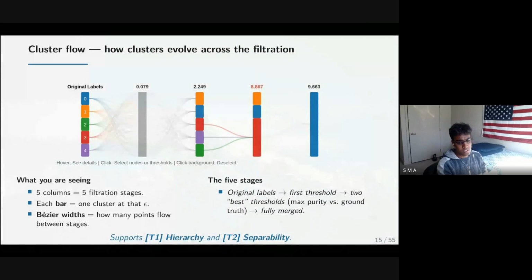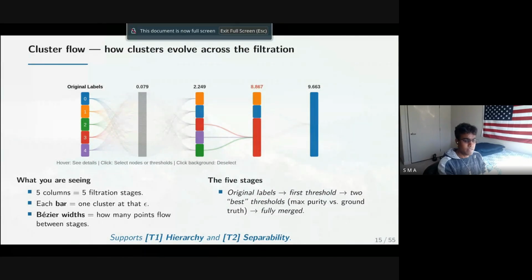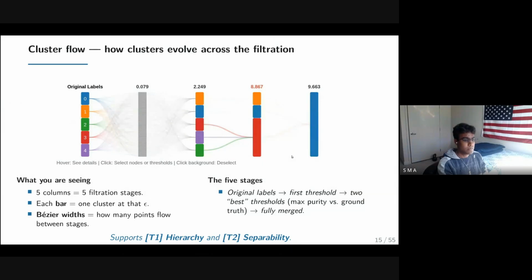So here are the visualizations that we created. This is basically a Sankey chart, and we tried using it for our application, which is looking at the filtration.